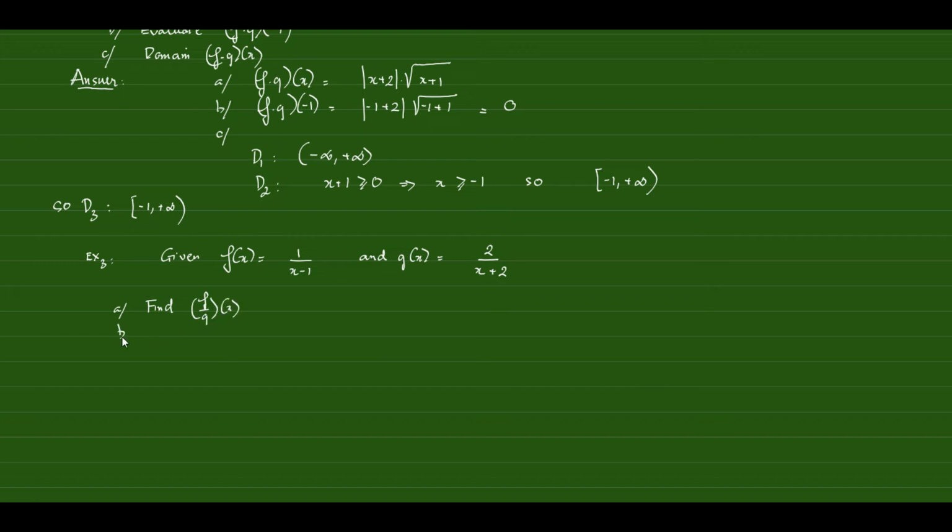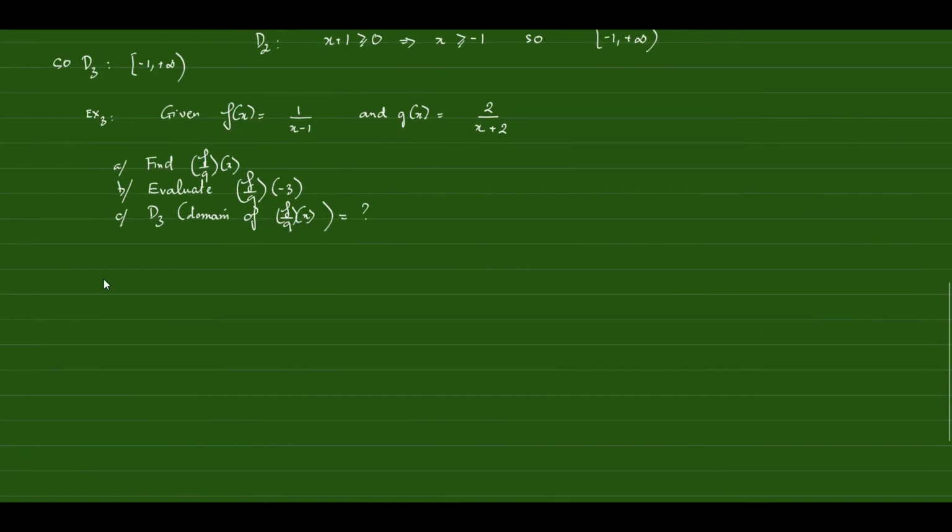Then on part B, I want you to evaluate f over g of x at negative 3. And finally, I'm asking you to find D3, which is the domain of f over g of x. Okay, I want you to find that.